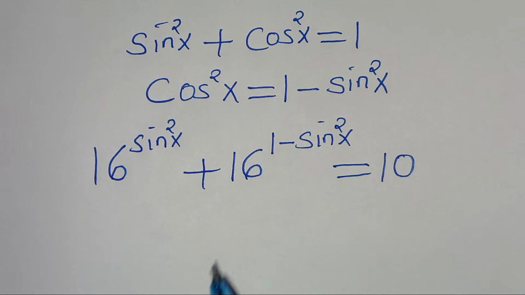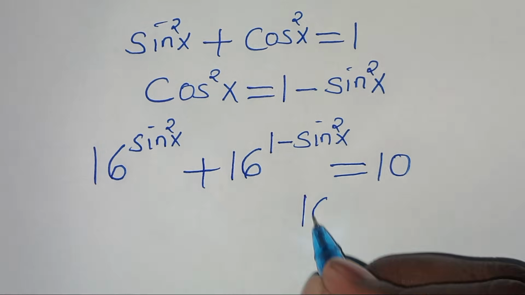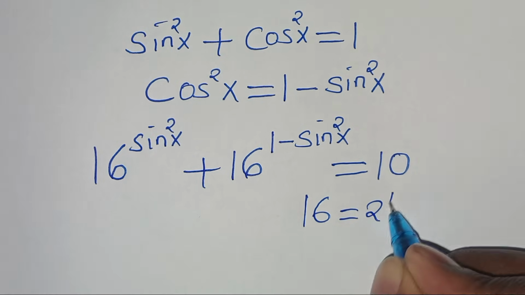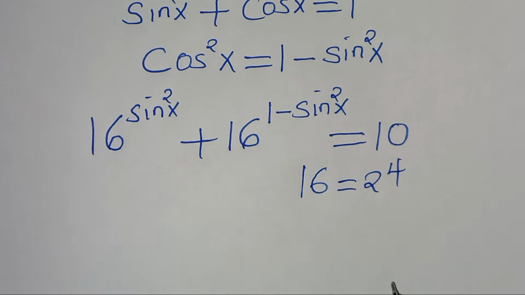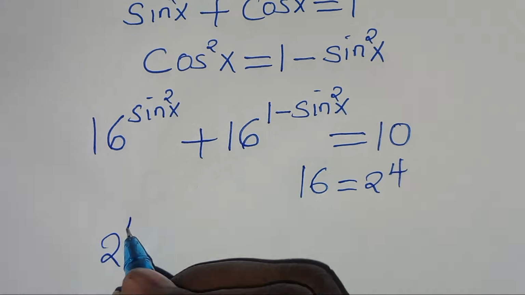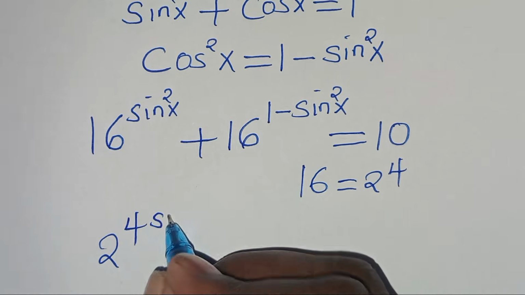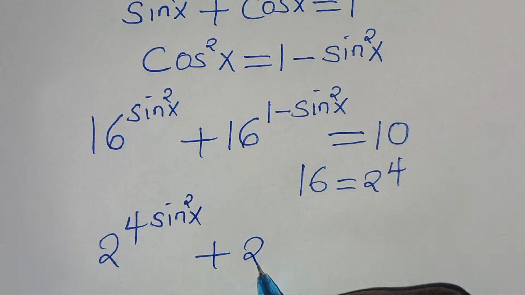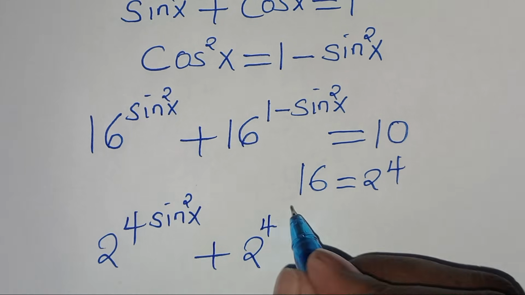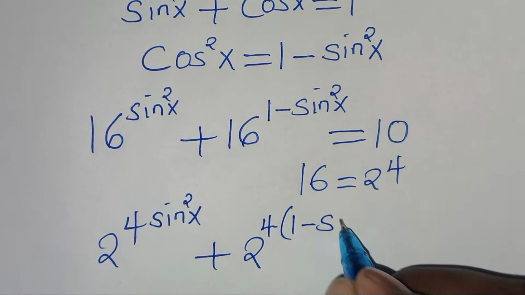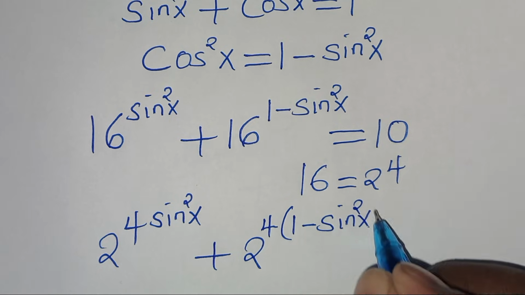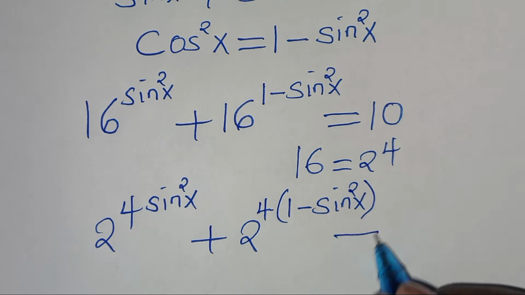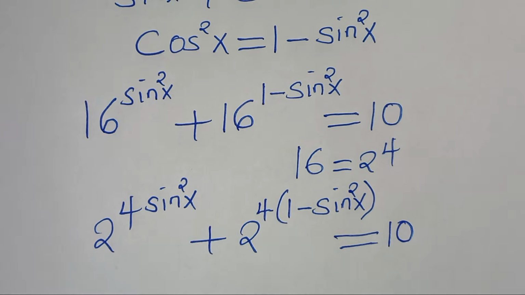Now, the next step is that we can express 16 as 2 to the power of 4. So we have 2 to the power of 4 sine squared x, then plus 2 to the power of 4 multiplied by 1 minus sine squared x, close the parentheses, this is equal to 10.